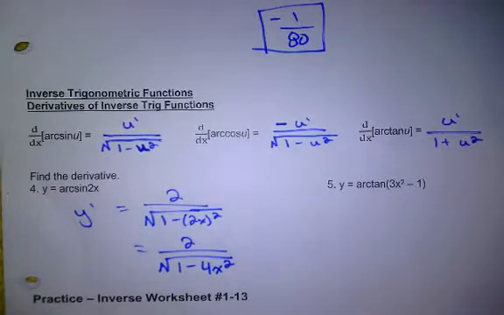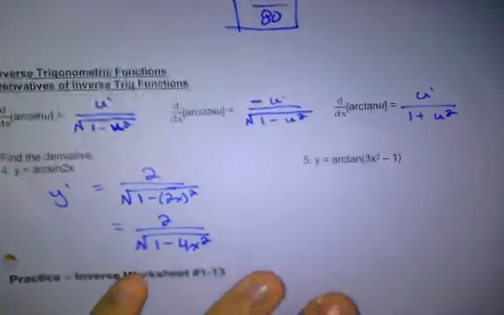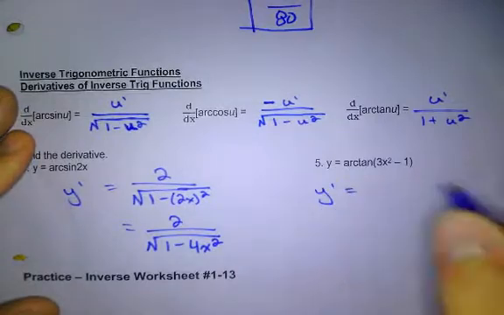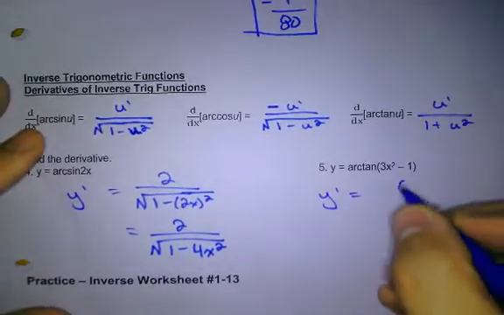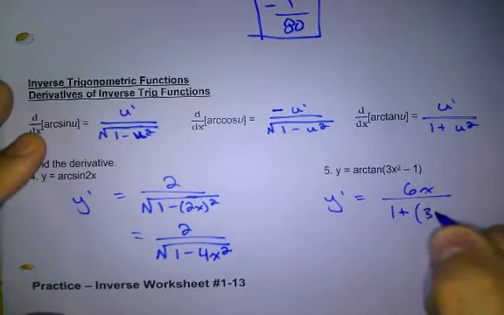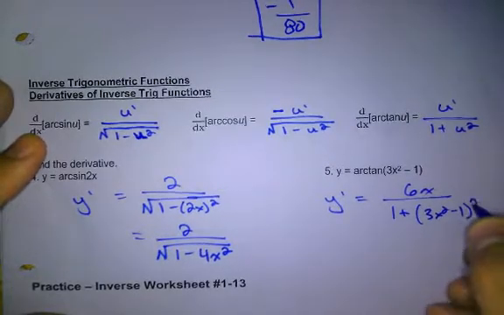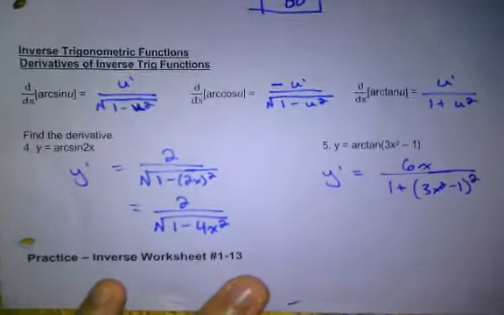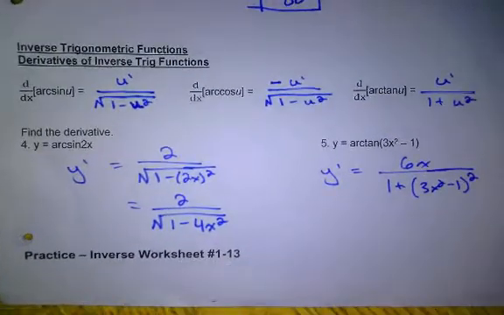If you know the formula, it's not that hard. And then for number 5, what's the derivative of the inside? 6x over 1 plus 3x squared minus 1 all squared. I'm not going to simplify that any further.